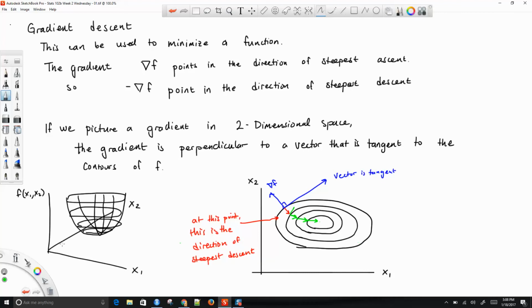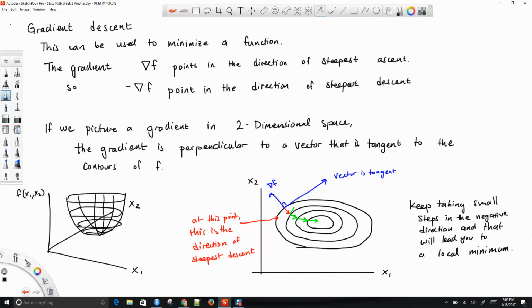So keep taking small steps in the negative gradient direction, and that will lead you to a local minimum.